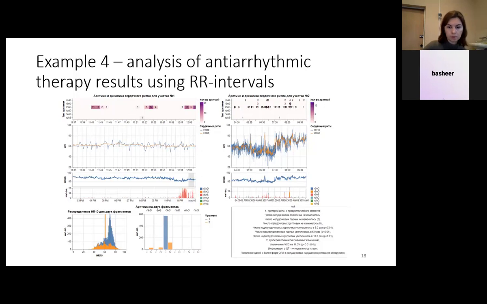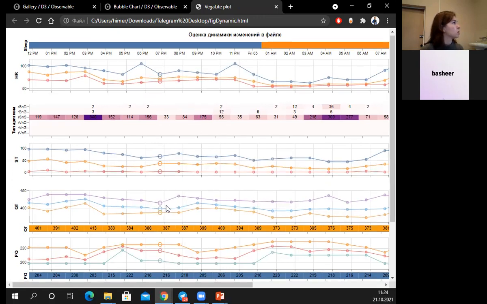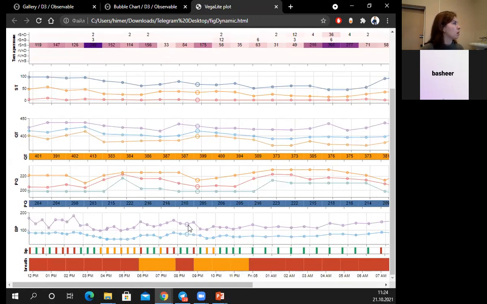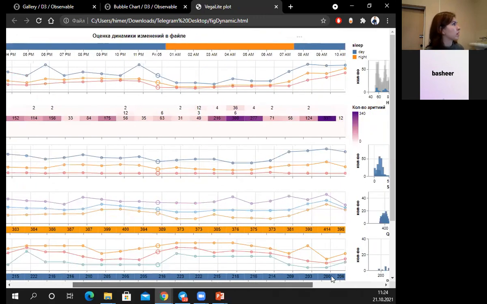Some examples. Yes, this is an example of an HTML page which was constructed in the Julia language with several simultaneous plots with the PQ interval. Here you have the mean value and range of the data during the days, and you may analyze the connection between them.